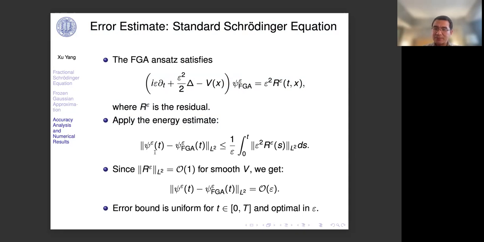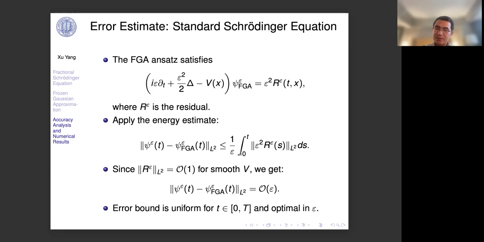Hagedorn has some more careful dynamics and estimates, so that we can generalize the estimate to not just finite time t, but to the Ehrenfest time.